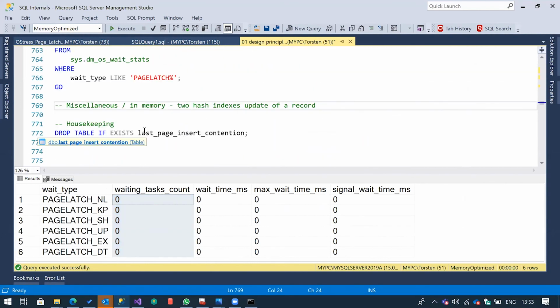That means whenever you have an in-memory OLTP table and you suffer from page latches, you suffer from locks, you can see this is definitely the way to get rid of it, because of the completely different architecture SQL Server implemented for the in-memory OLTP table.